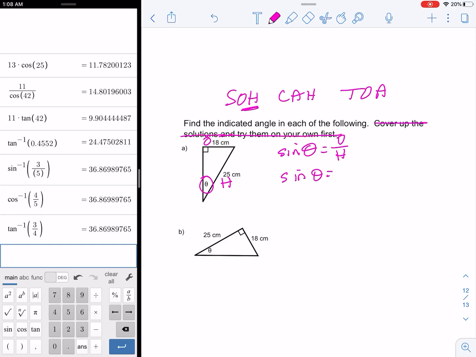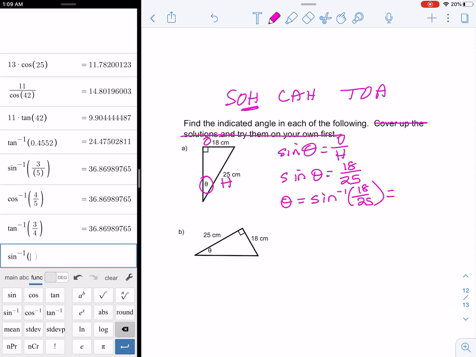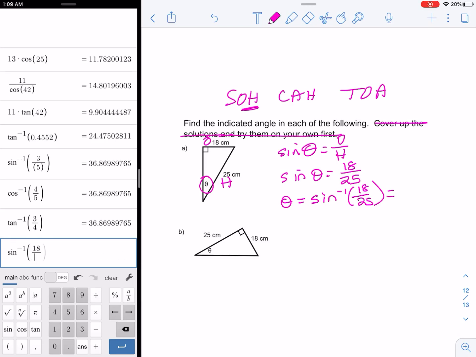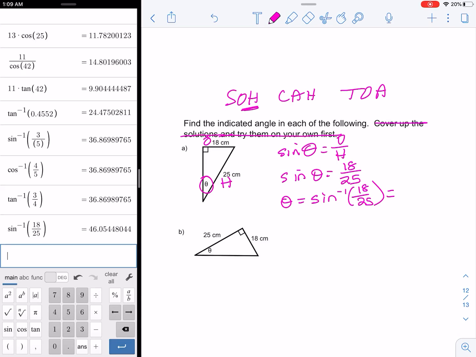Sine of theta equals 18 over 25. So theta equals sine inverse of 18 over 25. Second function, sine inverse, 18 divided by 25, and that gives us 46.1 degrees.